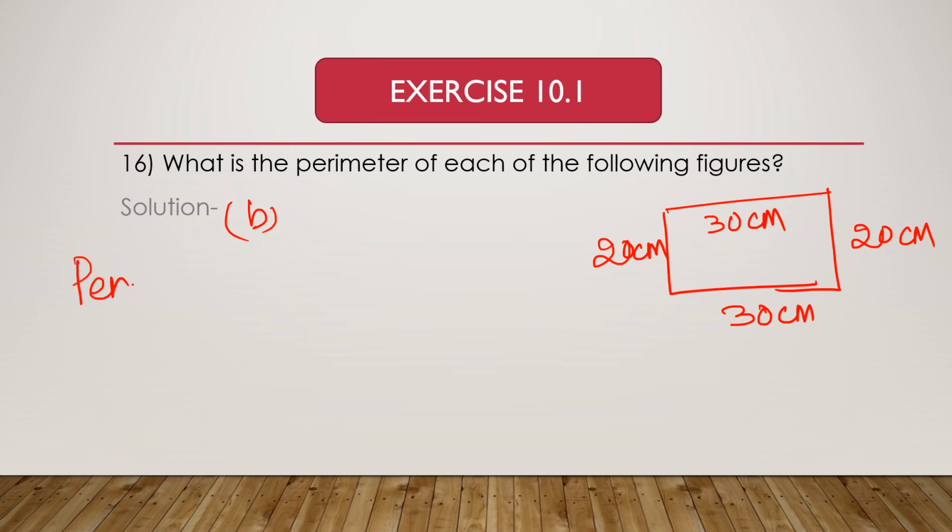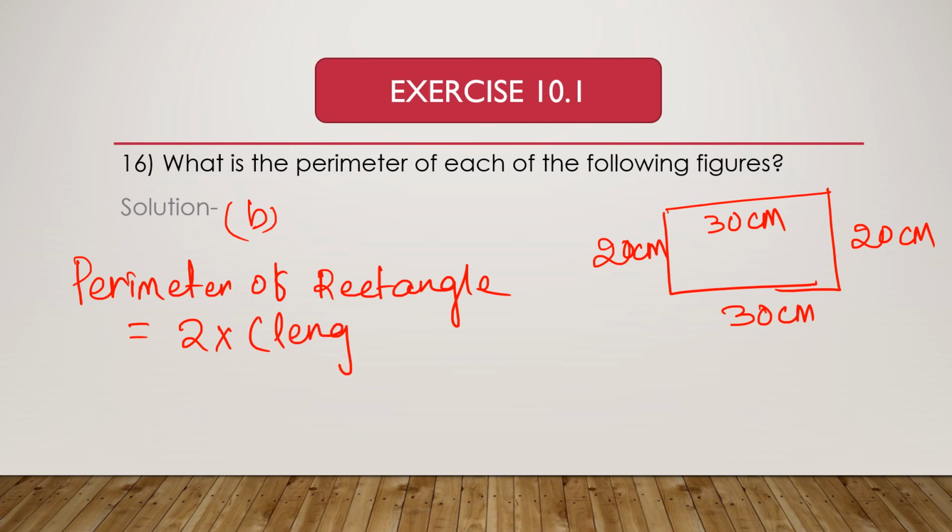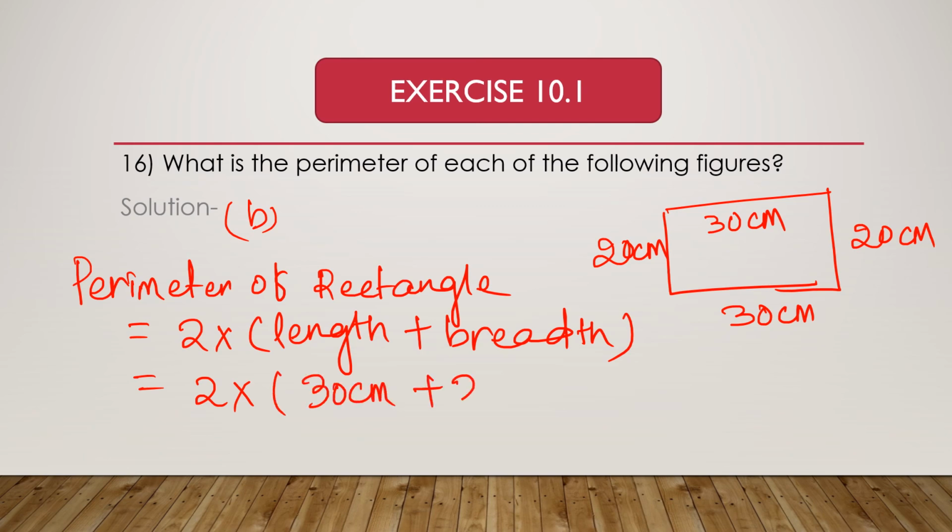We know the perimeter of the rectangle is 2 multiplied with length plus breadth. 2 multiplied with length 30 centimeter plus breadth 20 centimeter.